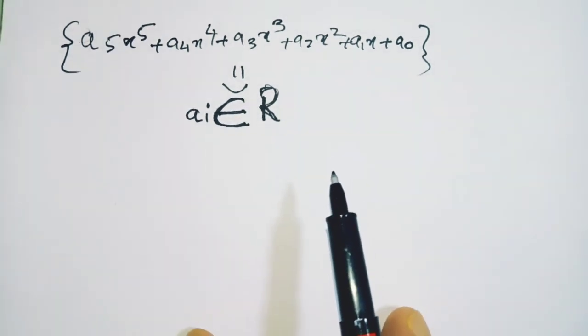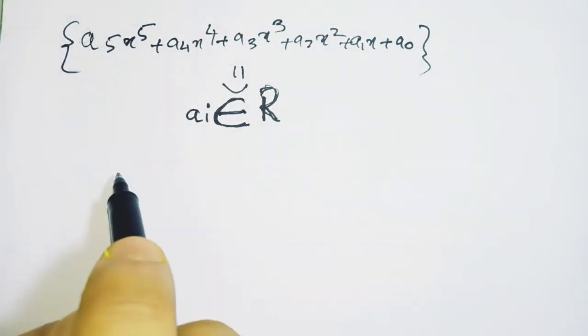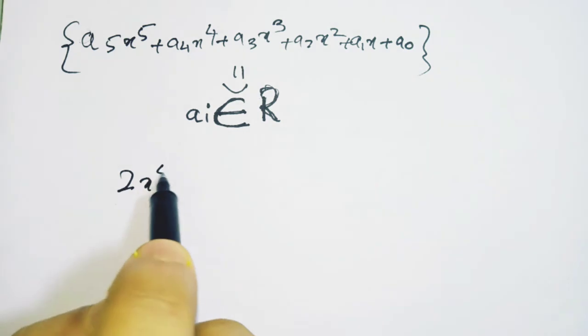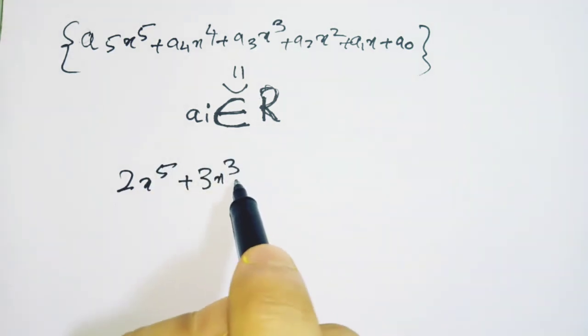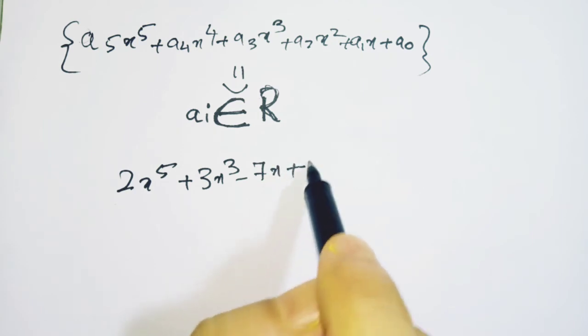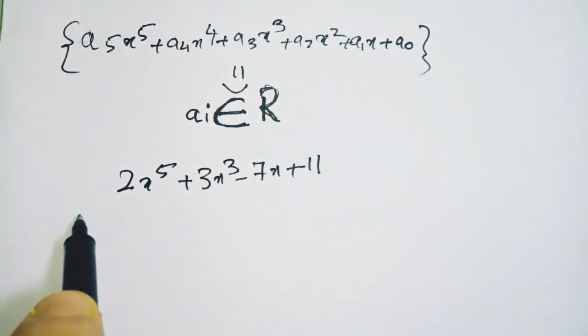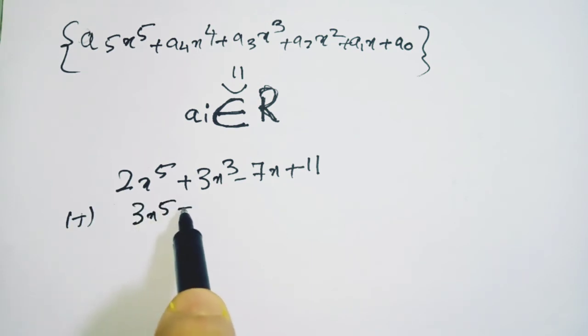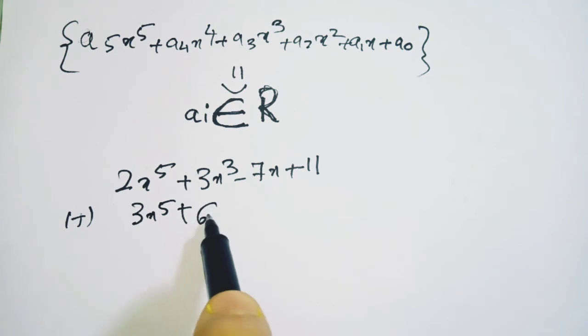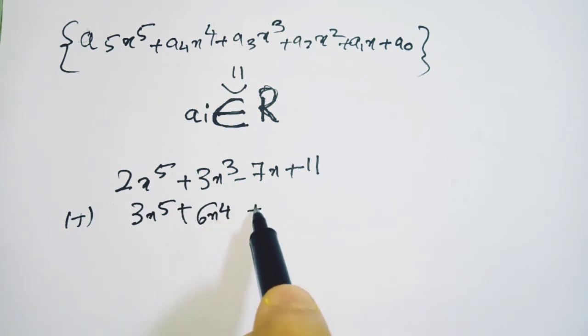Now, adding two polynomials, let me give you an example. Say I have 2x^5 plus 3x^3 minus 7x plus 11, and I'm going to add this with 3x^5 plus 6x^4 plus 5x.